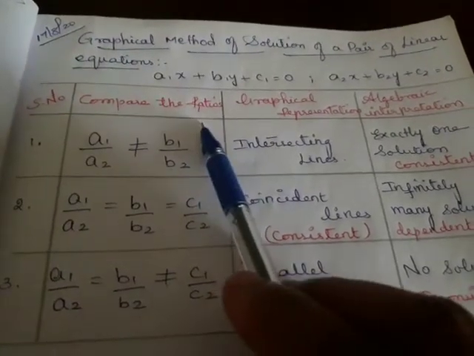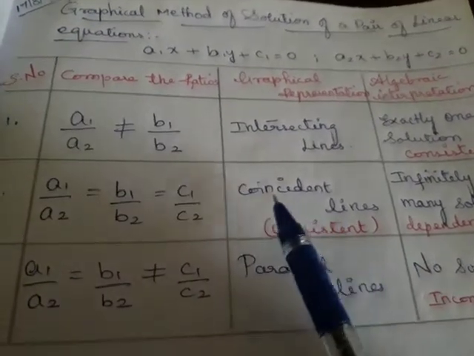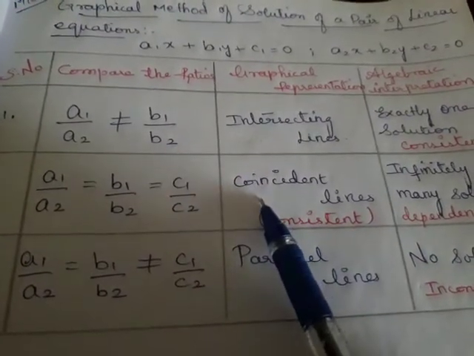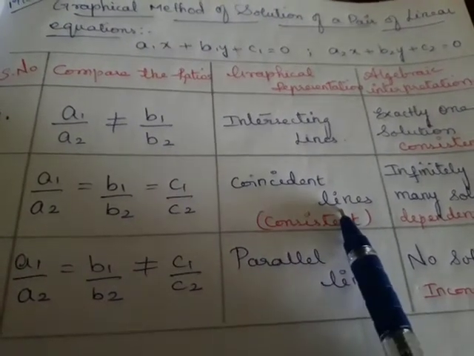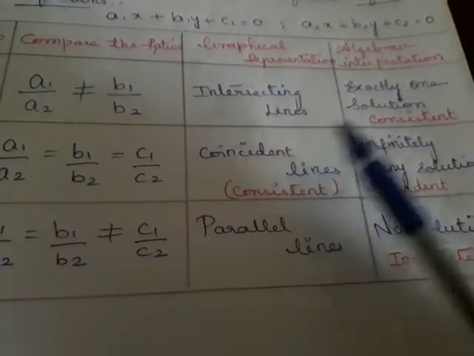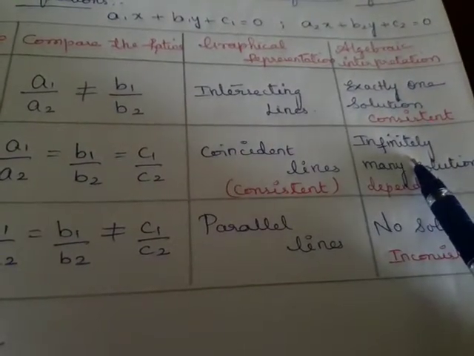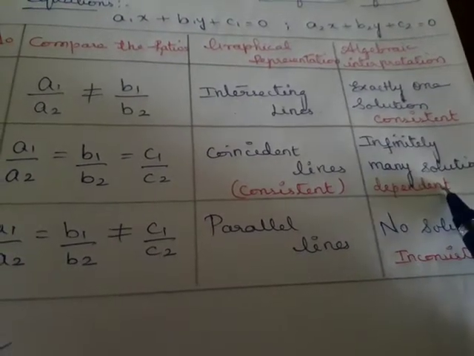That's why it has been given as ratios. So if these are equal, then the graphical representation of this pair of linear equations will be coincident lines. You will get one line over the other. In such a case, we can say the pair of linear equations has infinitely many solutions.